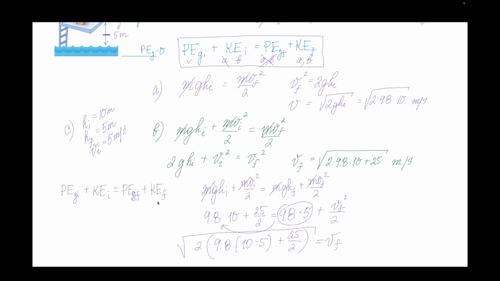You could use a shortcut. If this is your initial potential energy, which is mgh, and we want to figure out the kinetic energy over here, the difference between these two is just 5 meters. Well, then I'm just going to say that my zero level is here. That way, my final potential energy is 0, and that makes it much easier. So you will have potential energy initial plus kinetic energy initial equals just kinetic energy final.